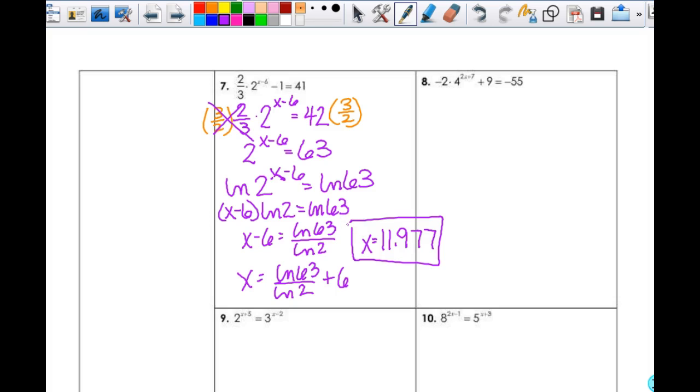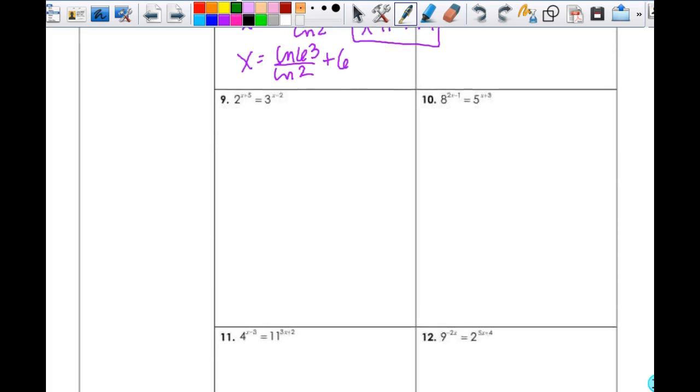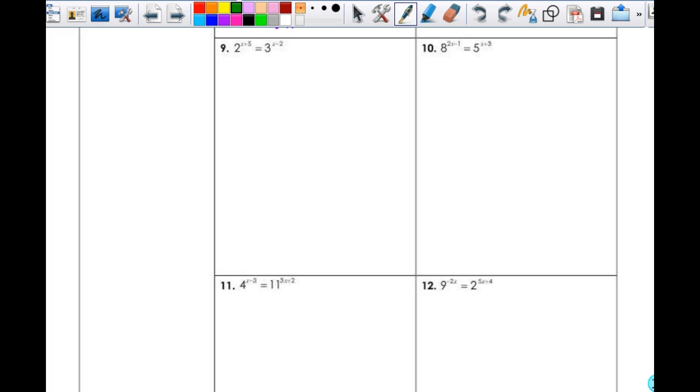All right, so we are going to skip number 8, move on to number 9. So are my exponentials isolated here? I have 1 here, 1 here. I don't have plus or minus anything going on anywhere, but I need to get these exponents out of the exponent. So I need to take the log of both sides.